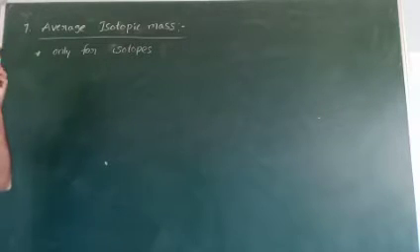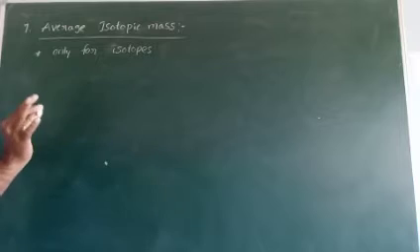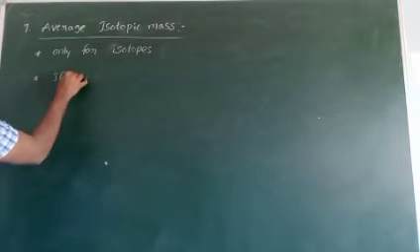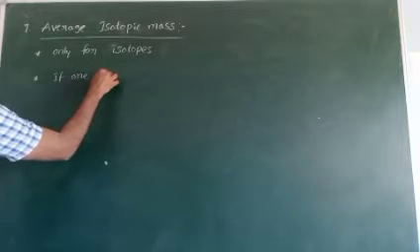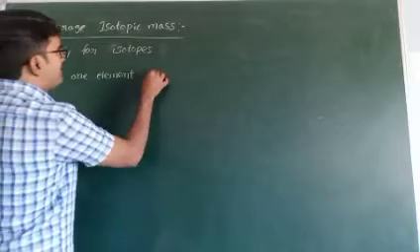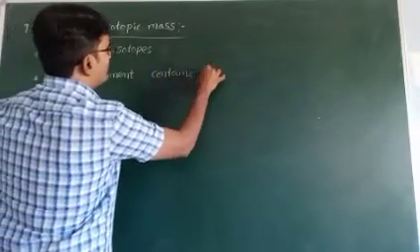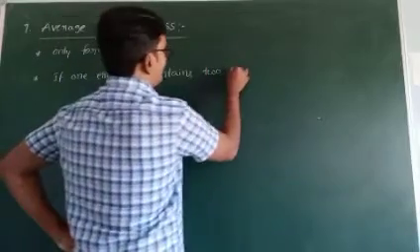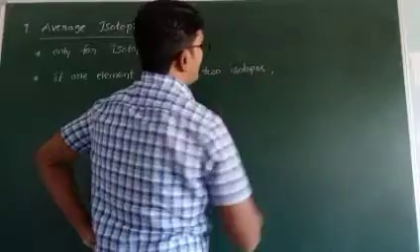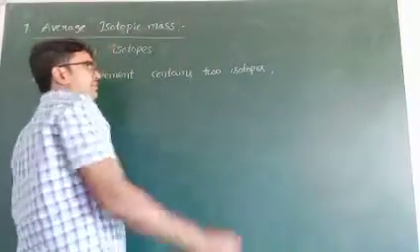For example, if one element contains 2 isotopes. Isotopes means same atomic number, different mass numbers.